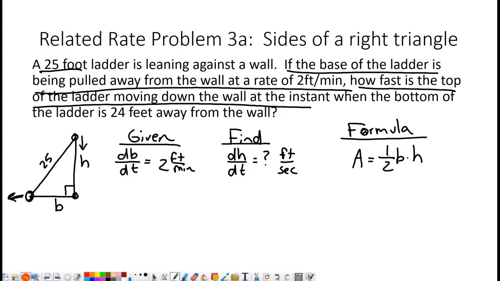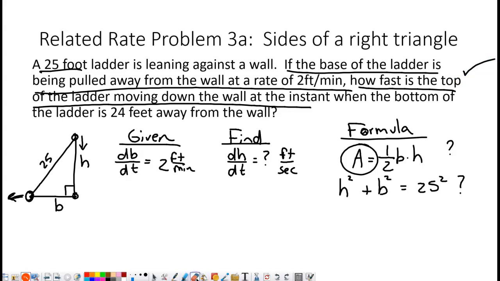When it comes to right triangles, very often you can do Pythagorean's theorem, where you do one of the legs squared plus the other leg squared is equal to the hypotenuse squared. So how will you know which one is the right one to use? Well, here's how you know. This whole problem is about the length of the sides of this triangle. It doesn't say anything about area. So I wouldn't want to use area because the problem doesn't tell me anything at all about area.